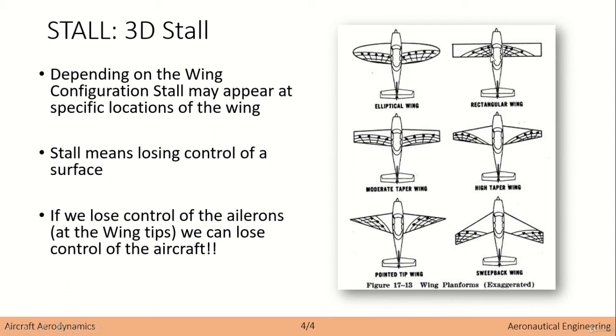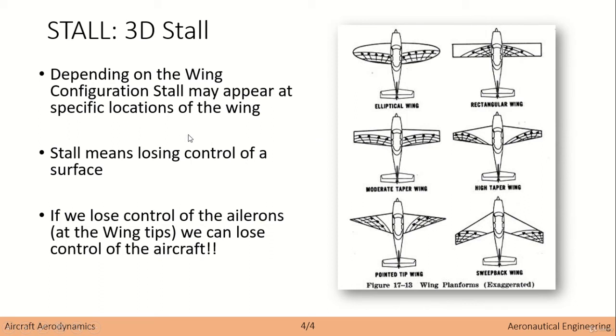In a rectangular wing, it will tend to propagate more on the root, okay, on the wing root. In high taper wings, it probably will occur more towards the wingtips, not exactly the wingtip itself, but more towards that, okay? And different kinds of geometries will have different impacts on the appearance of the 3D stall.